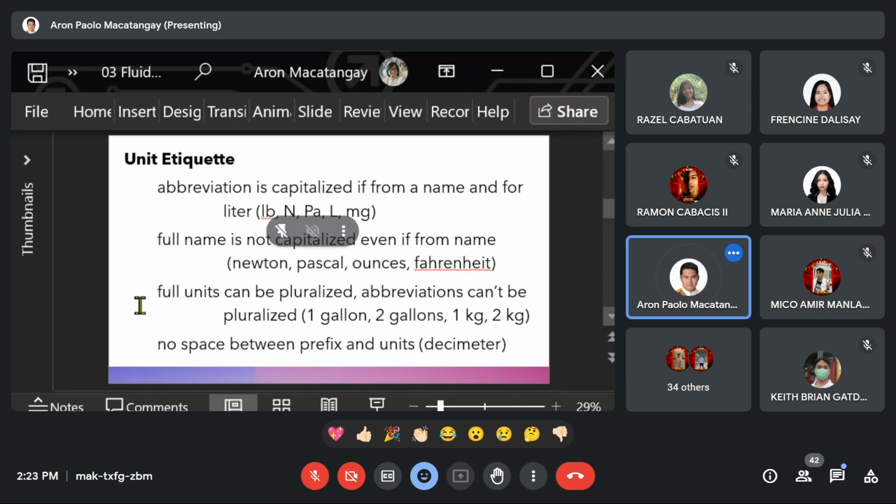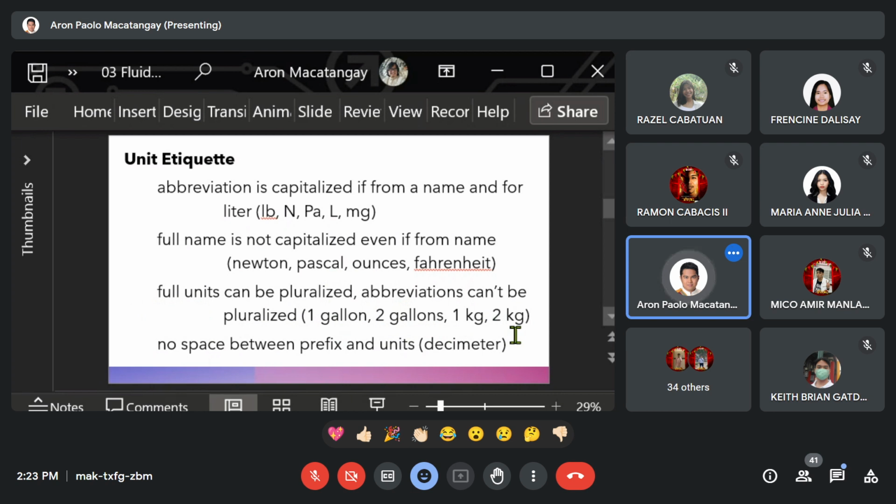Full unit names can be pluralized, but the abbreviation cannot be pluralized. For example, 1 gallon, you write it as 1 gallon. 2 gallons, with an S, because it is a full name, it can be pluralized. If shorthand, 1 kg, and for 2 kilograms, kg is still what is written.